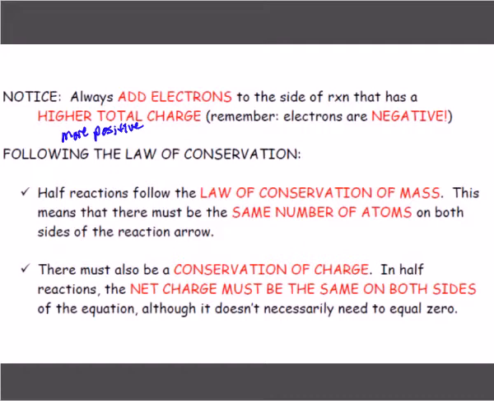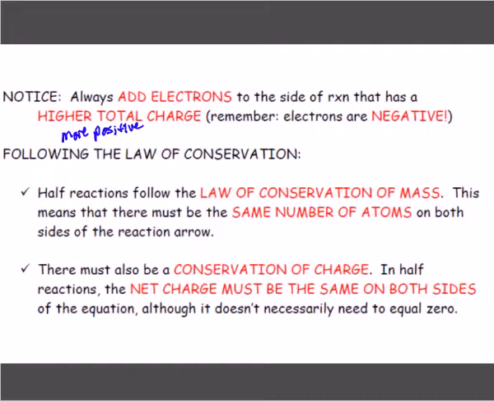So think about it. If we're following that law of conservation of matter, the half reactions follow the law of conservation of mass, where you have the same number of atoms on both sides of the reaction arrow. What does that mean we're going to have to do? We have to make sure it's balanced, which we've been doing all along, so you can't forget to do that.